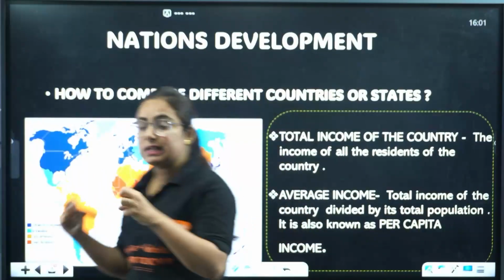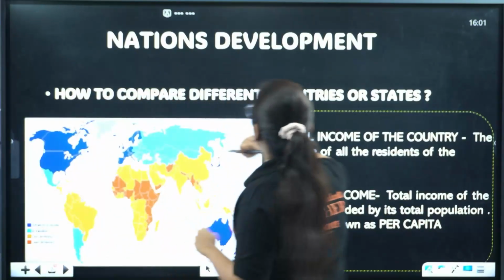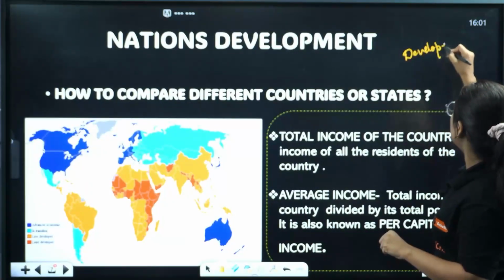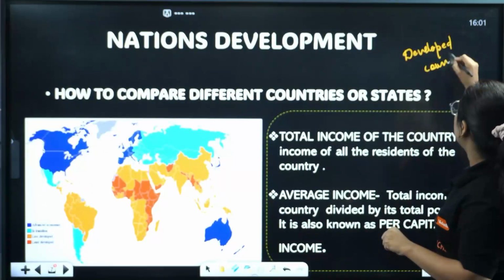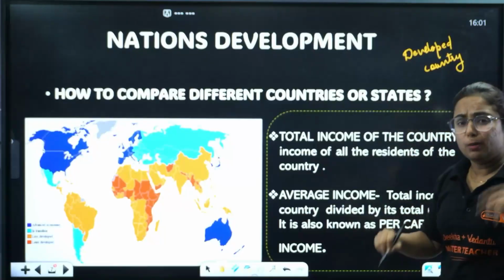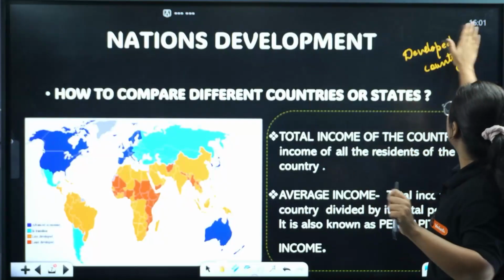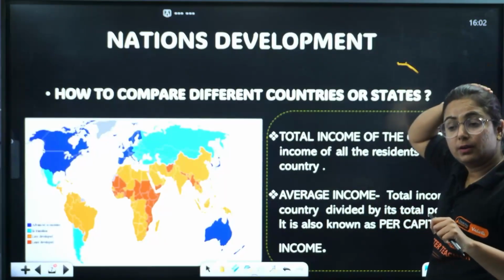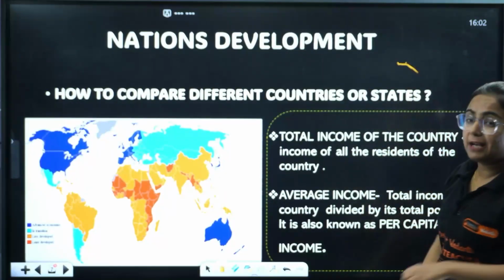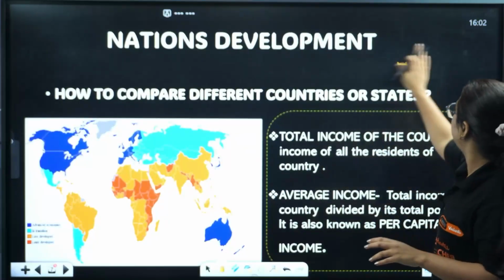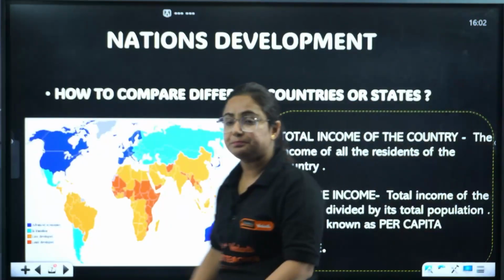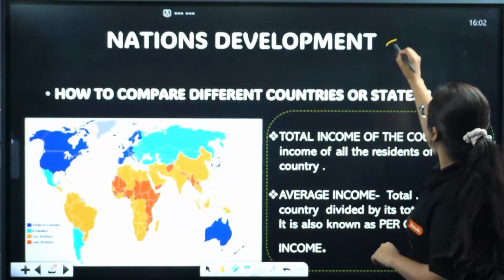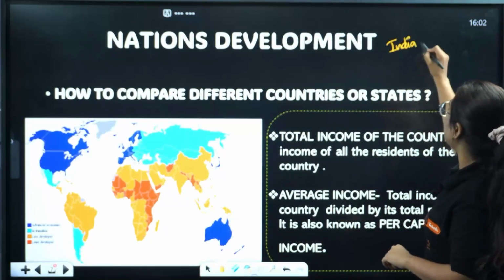There are multiple times you might have heard the word that India is a developing country, right?